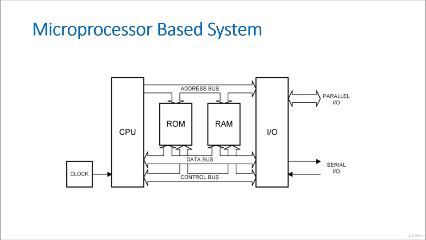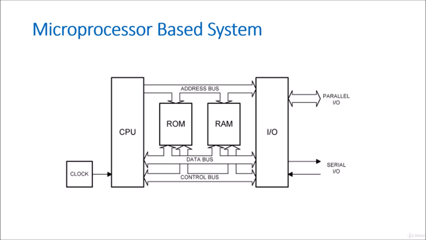Diagram shows typical microprocessor based system. The system consists of microprocessor, that is CPU, and the external devices like ROM memory, RAM memory, and IO port. These devices are connected externally to CPU through connections, and these connections are called as the buses. There are three buses: address bus, data bus, and control bus.